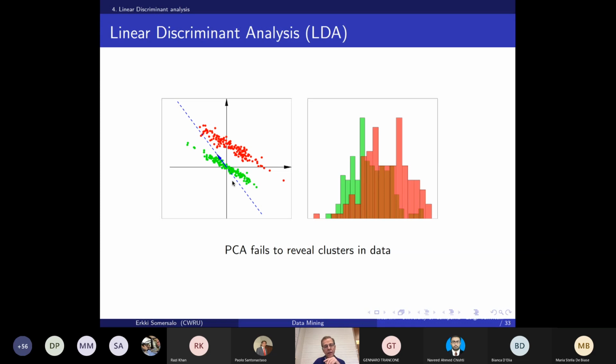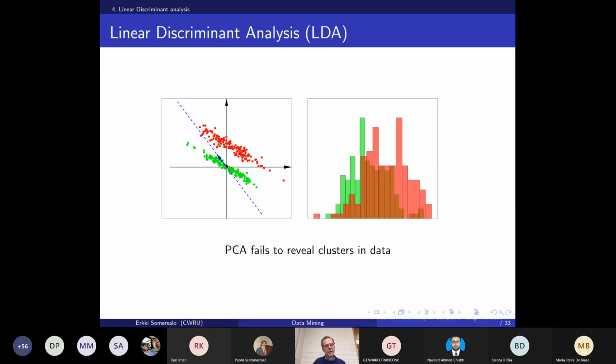Let's think about what would be characteristic for the line that is perpendicular to this blue line. First of all, both of those clusters would appear as compact as possible, because that's the direction where you see not the spread of the green dots, but the green dots would be in one place, and the red dots would form another tight compact cluster.